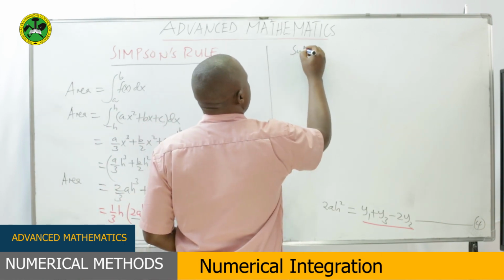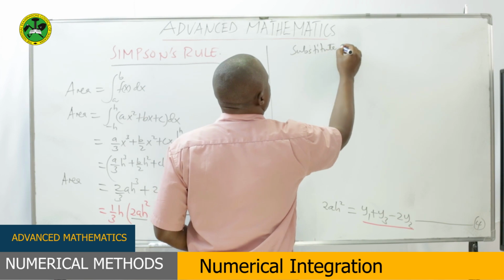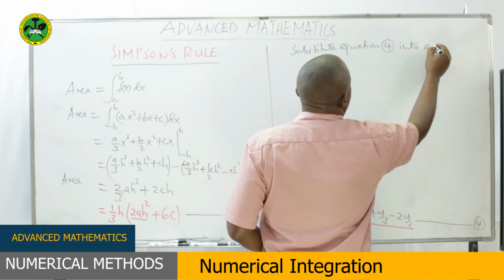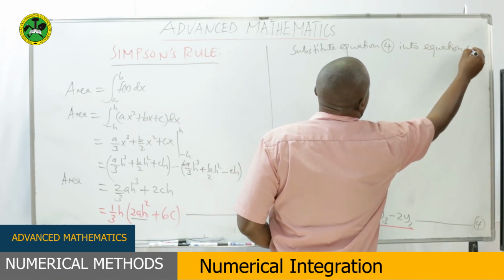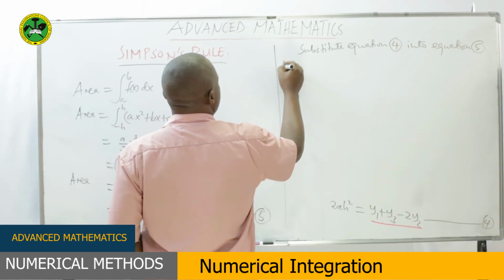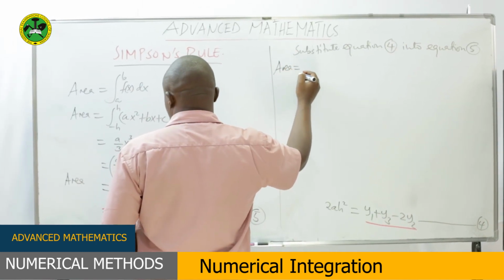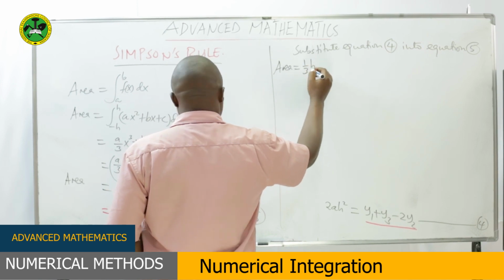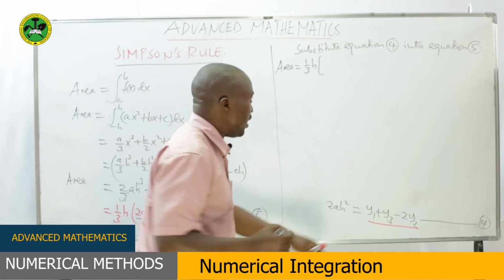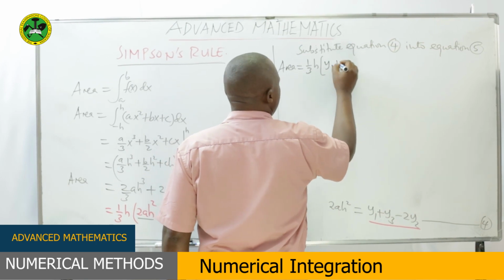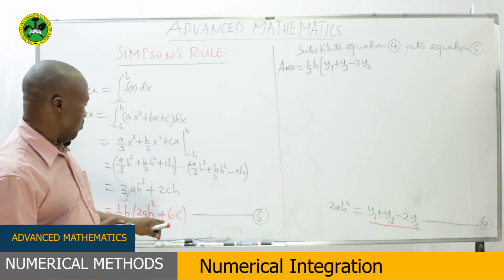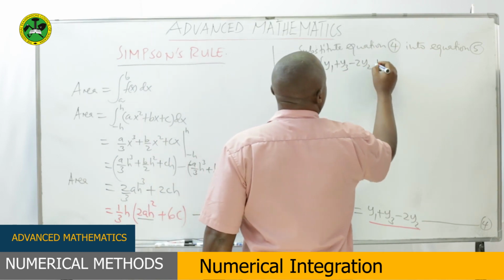So we are going to have area is equal to 1 over 3 h bracket of, now here we have 2ah squared, that will be replaced by y1 plus y3 minus 2y2, then proceed with plus 6c.